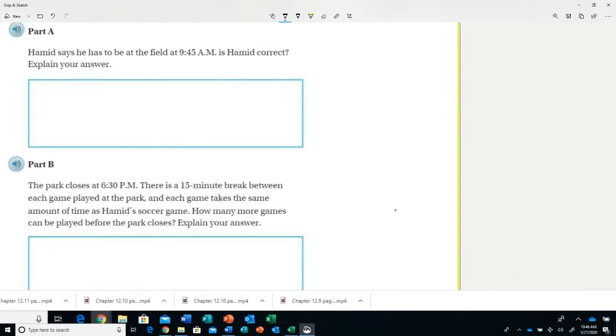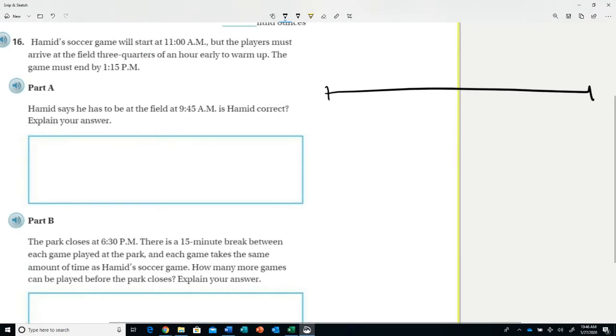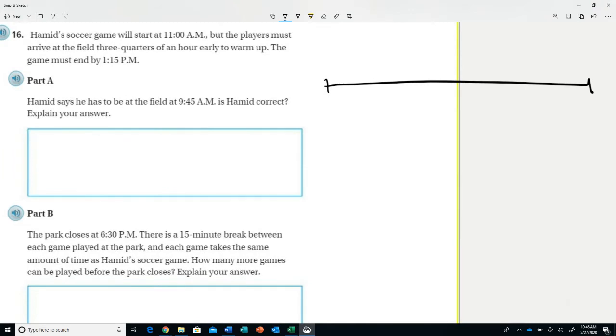So first things first, let's build a number line here. And he says he has to be at the field at 9:45. His game must be over. We'll make this 1 o'clock, 1:05, 1:10. The game must be over by 1:15. I'm back here to 12 noon and 11 a.m. And actually, we're going to need more than that.